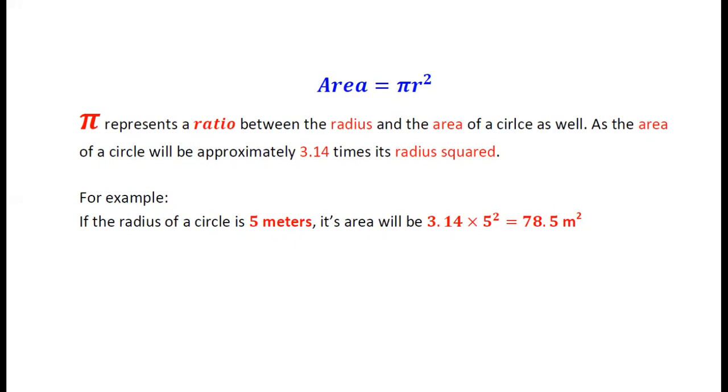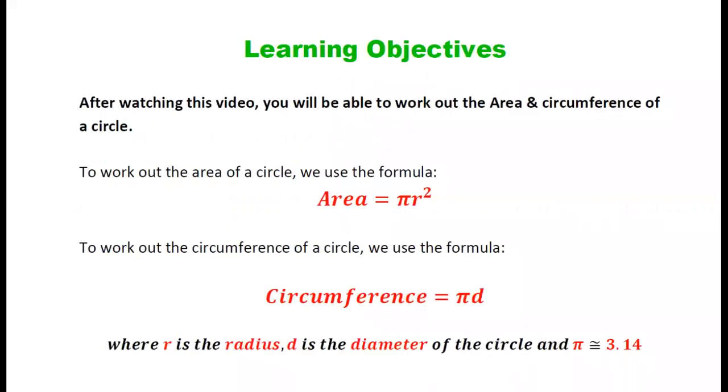For example, if the radius of a circle is 5 meters, its area will be 3.14 times the 5 squared, which will give us roughly 78.5 meters squared. Let's listen to a song that will help us memorize these formulae.